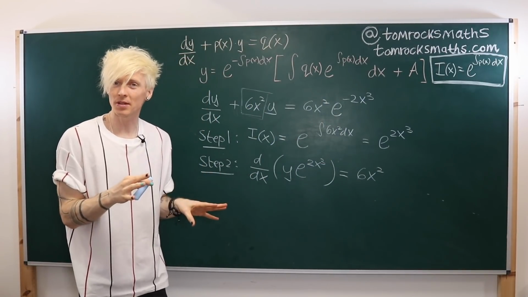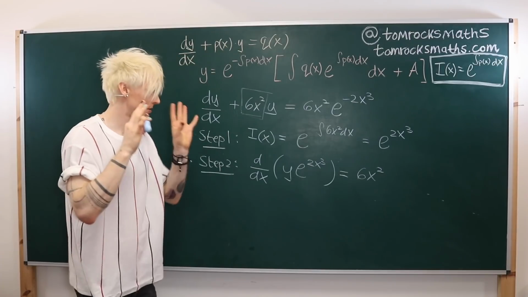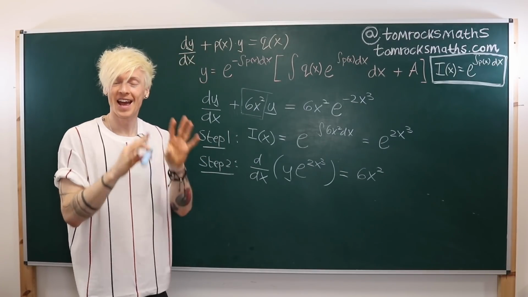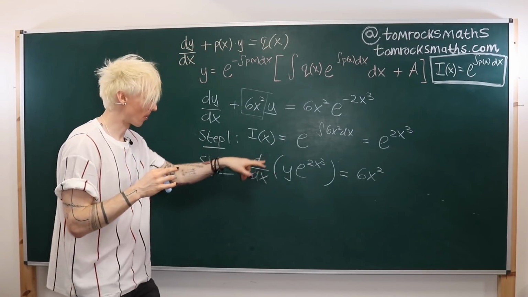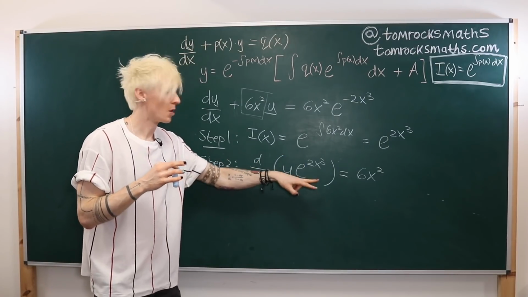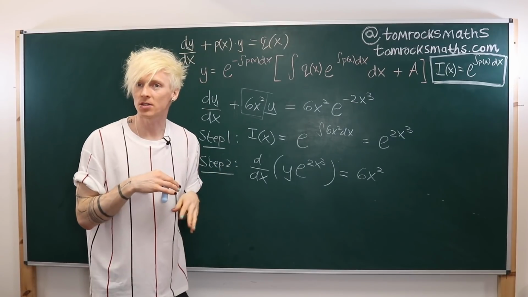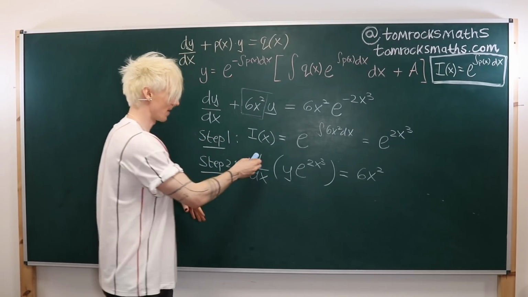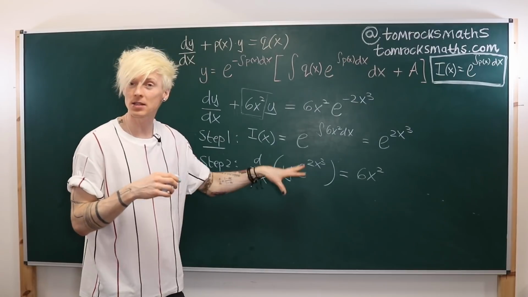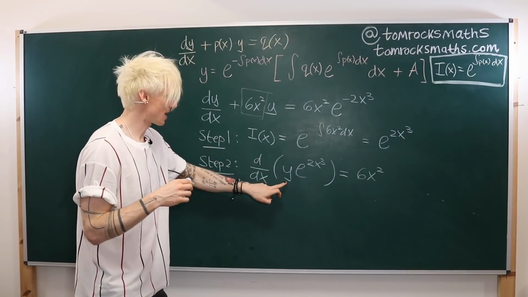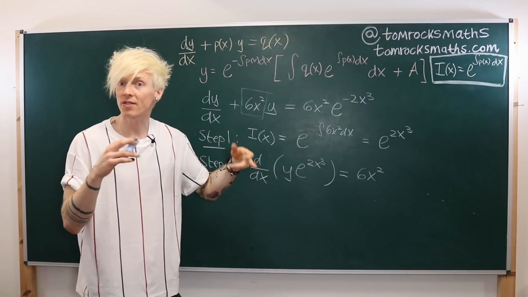Now, at this point, it's always a good idea, even though we know this is true, just to double check if we do the product rule on this term, we get back to our equation up here with the integrating factor. So if I do d by dx of y e to the 2x cubed, I'll get dy by dx multiplied by the integrating factor.